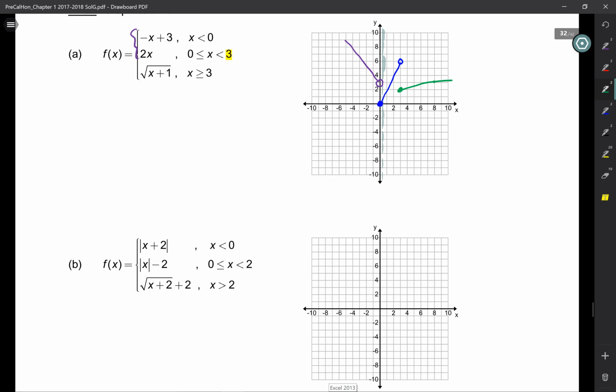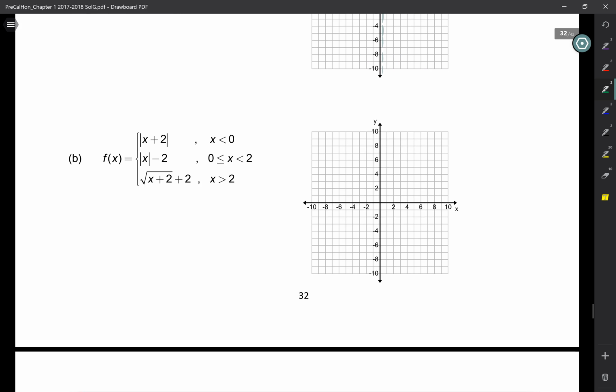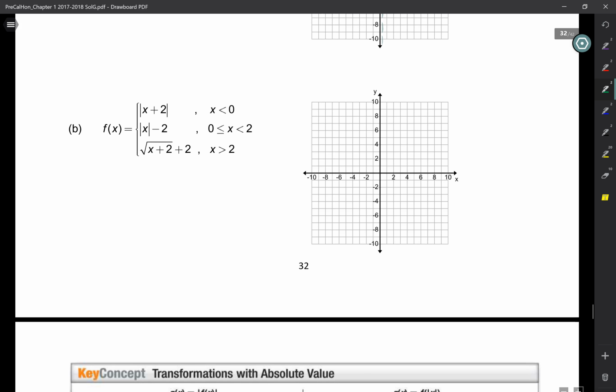Okay, cool. Don't you love piecewise functions now? Come on, they're so cool. All right, so take a look at this, absolute values. So x plus 2, right? Where is the vertex for this one? Negative 2, right?